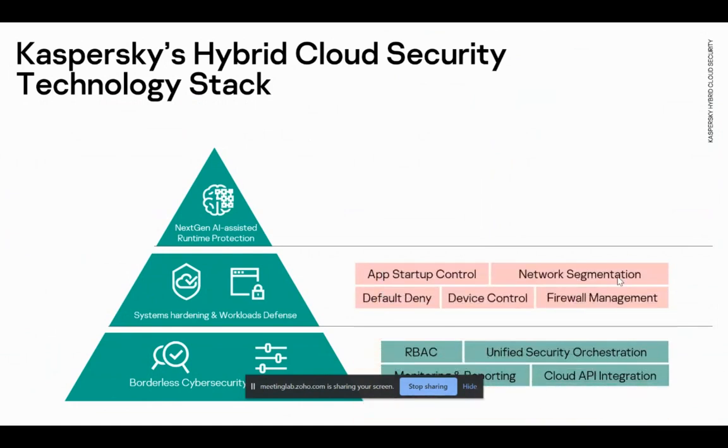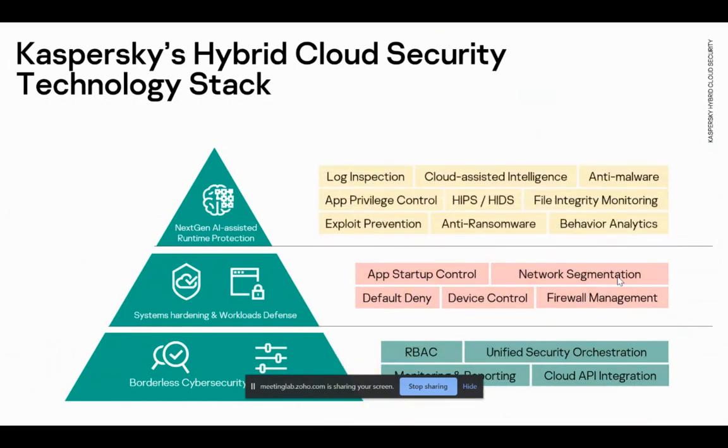Then we have system hardening features like application control, default deny, that is all applications are blocked until and unless allowed. We have device control, network segmentation, firewall management, and we have next generation antivirus with artificial intelligence and machine learning.